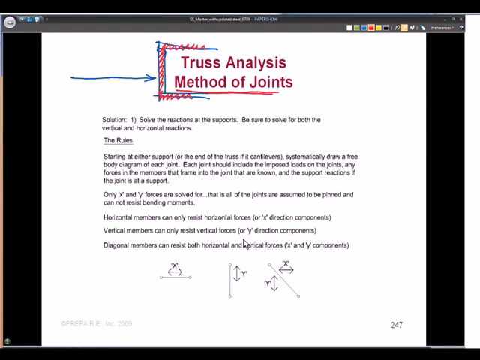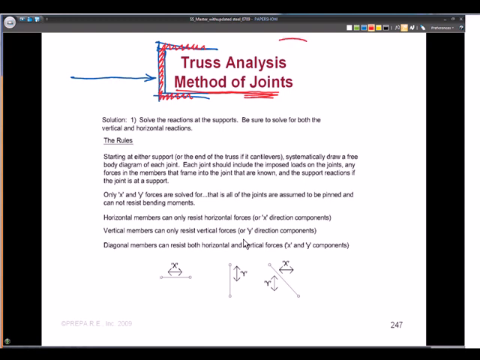And then here's where we get to the part we talked about a week ago, an indeterminate system: if we do not have enough equations for the number of unknowns, and I'll show you an example of that where we'll circle back around in a second. And if it still holds true and we can't solve one of the joints using this method, we'll use the method of sections to solve for the unknown and then continue with the method of joints.